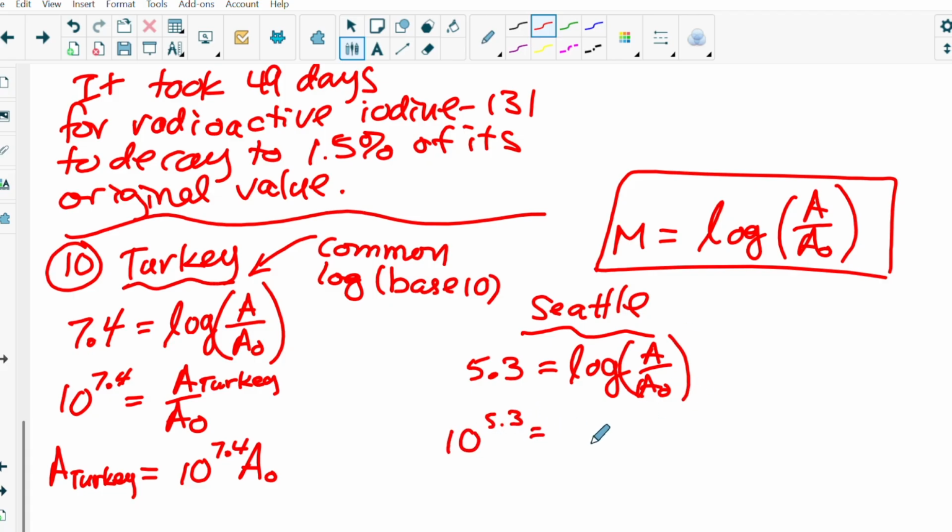Okay, that's 10 to the 5.3 equals A over A naught. So I'm converting to exponential form. And then this is the intensity of the earthquake in Seattle measured in microns. So A Seattle, the intensity of the earthquake in Seattle, equals 10 to the 5.3 A naught.